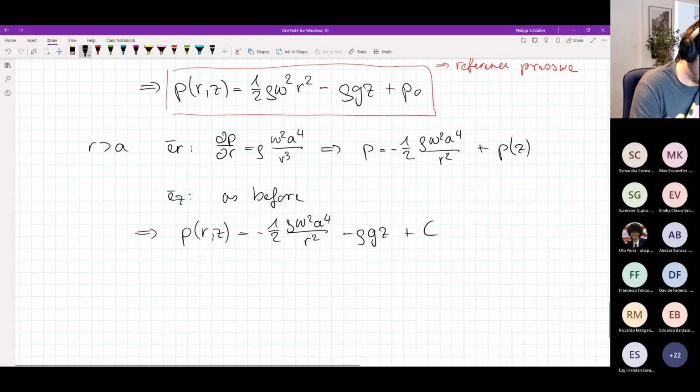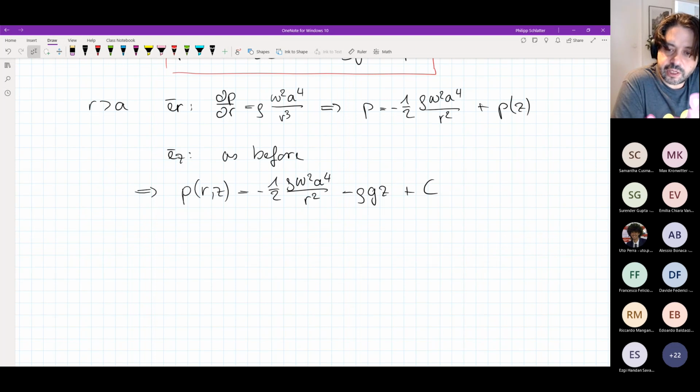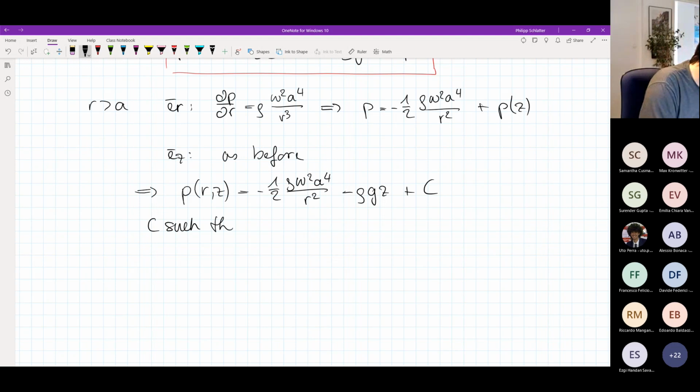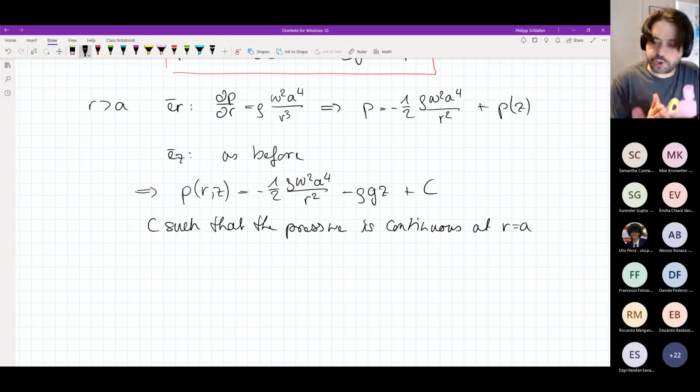So in this case, this C needs to be chosen in such a way that the pressure is actually continuous when you go from the pressure inside A to outside of A. So that means C needs to be calculated such that the pressure is continuous at R being A, so this border between the rotational and the irrotational region.